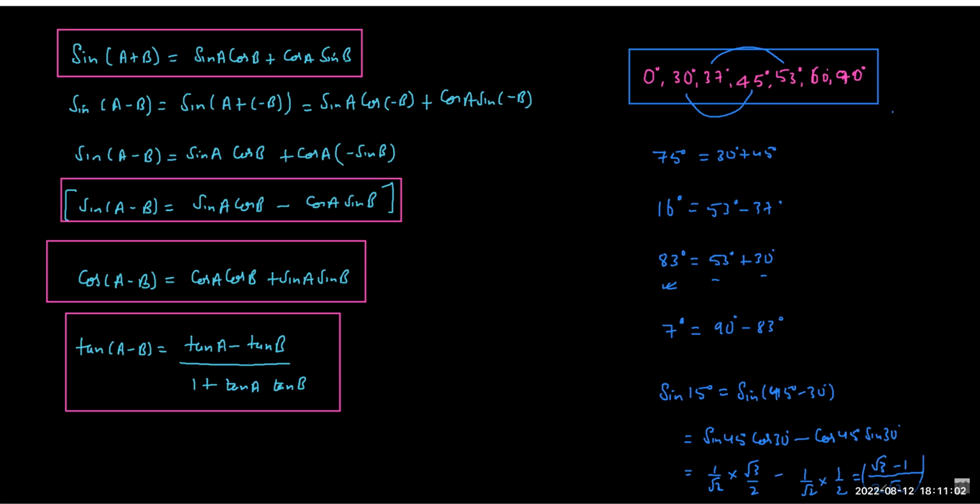And roughly, this value is how much? Can you calculate it using the calculator? Let me find it out. So root 3 minus 1, divided by 2, divided by 2 root 2.